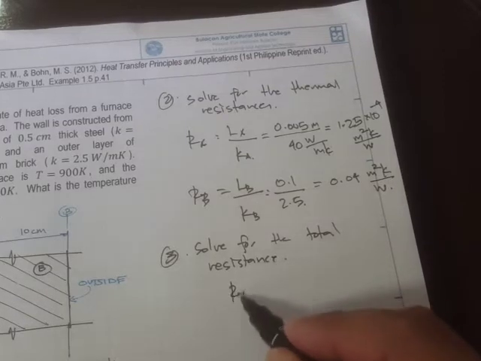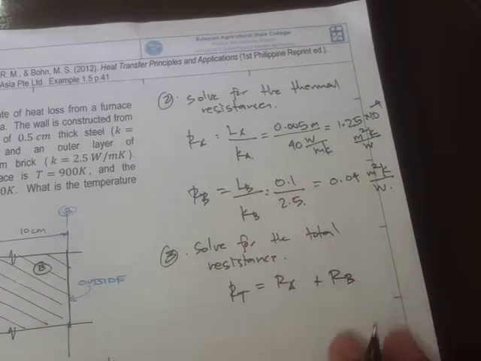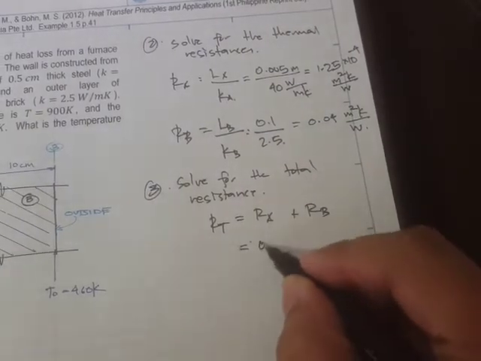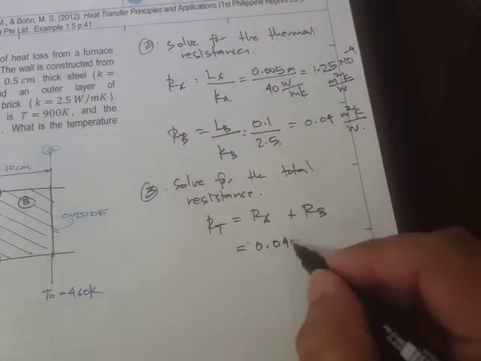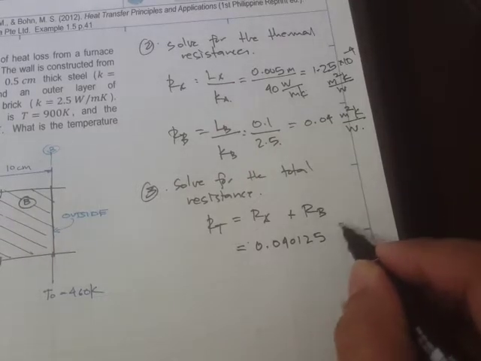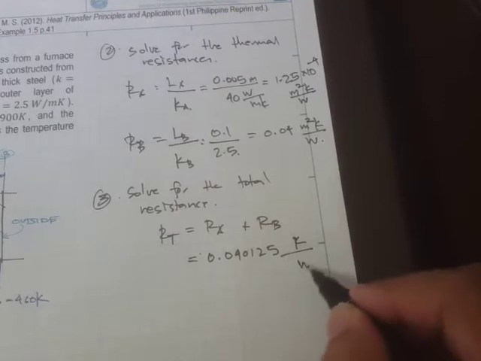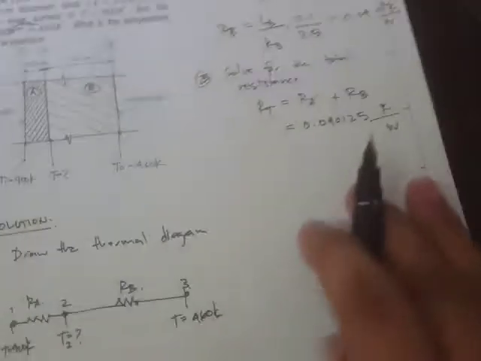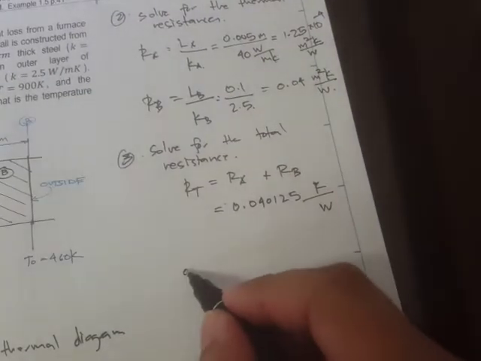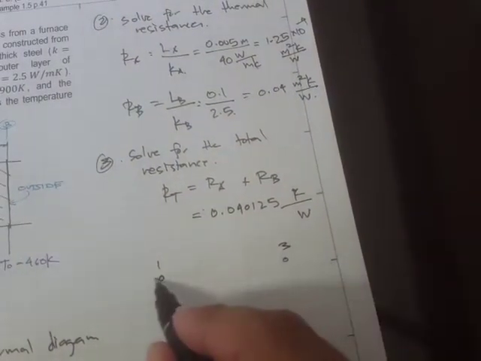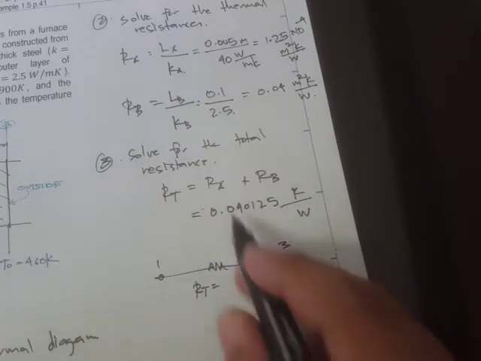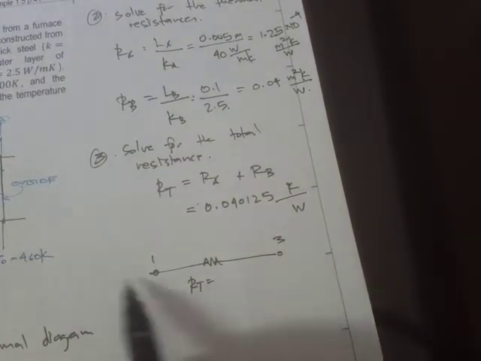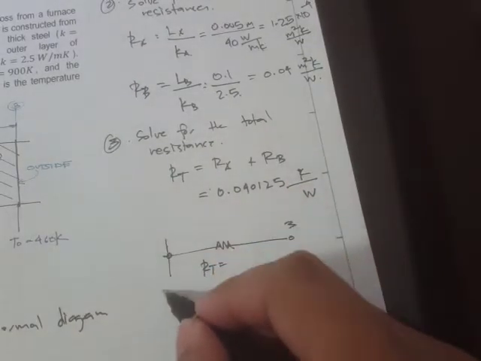Since this is in series, R total is simply R sub A plus R sub B, which is 0.040125 Kelvin meter squared per watt. So R total is equal to 0.040125.